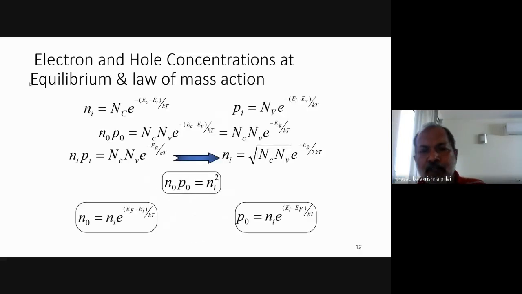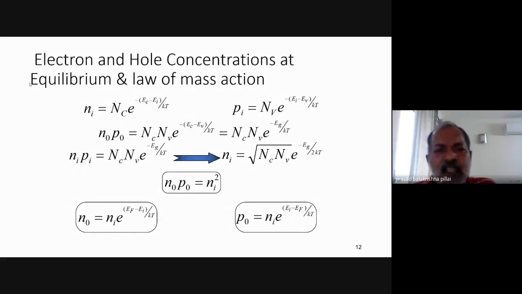Now I do a bit of mathematical jugglery here. We are talking about the pure semiconductor. So far, we have not touched any other things. Ni is the electron concentration in the conduction band we have found, and similarly we are talking about the hole concentration in the valence band, and then EF is replaced by EI.